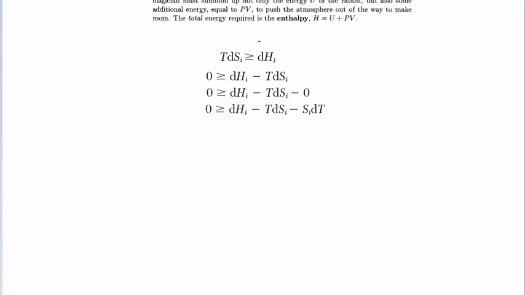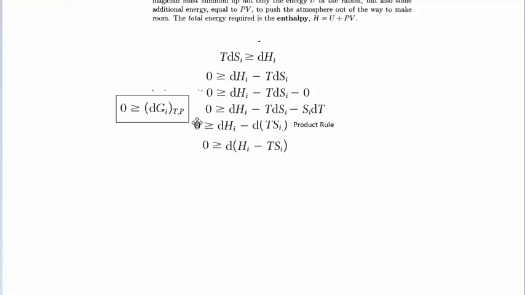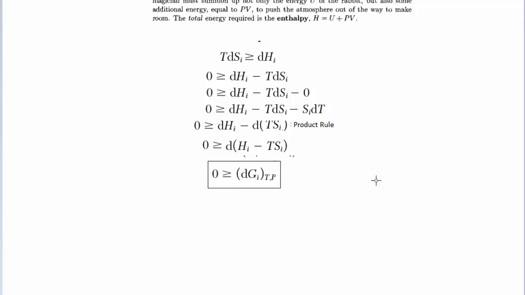Once again, we're going to use that trick to make our product rule and capture both the T and the S, or the temperature and the entropy, under the same derivative operator. And then we're going to say that once again the derivative operator is linear, so we can group these together, and hopefully you remember what the definition of Gibbs energy is, because that's what we have just created here.